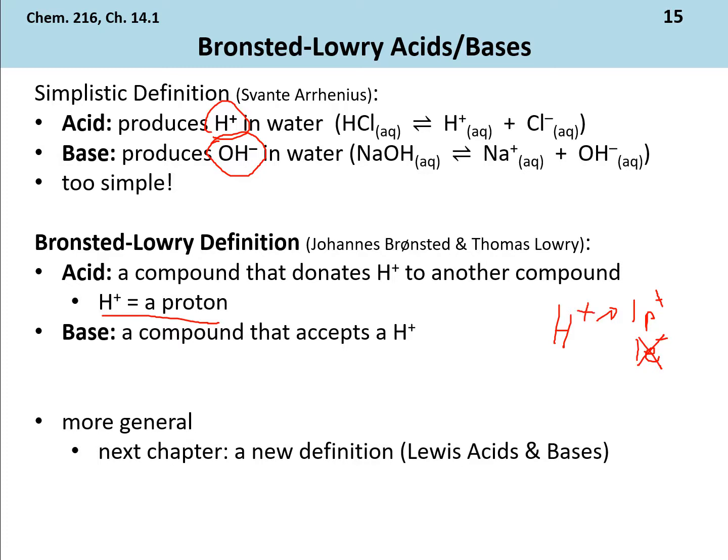Bases, they said, are compounds that accept a proton, or an H+. So it's kind of like yin and yang. Instead of saying that bases produce OH-, they're saying they just accept H+. Notice that the definitions for acid between the two are very similar.